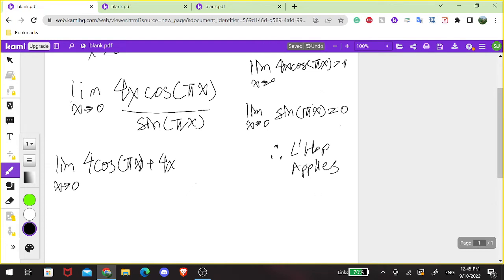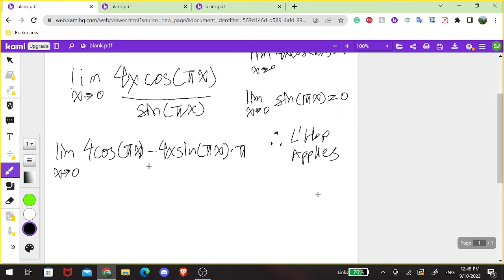So this will be minus, because the derivative of cosine is negative sine. So minus sine of pi x times pi. This pi is from the chain rule. And this negative is because the derivative of cosine x is negative sine x.